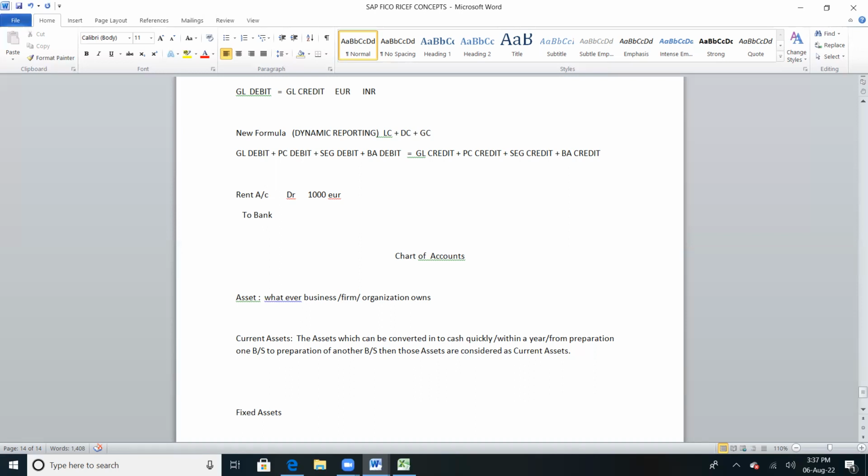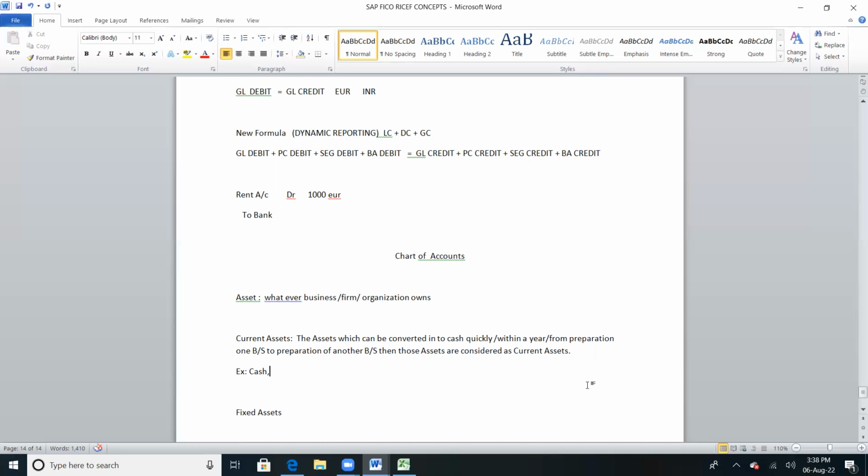Next one. Example, cash in hand. Cash is already in liquid form. So the most liquid asset is cash.